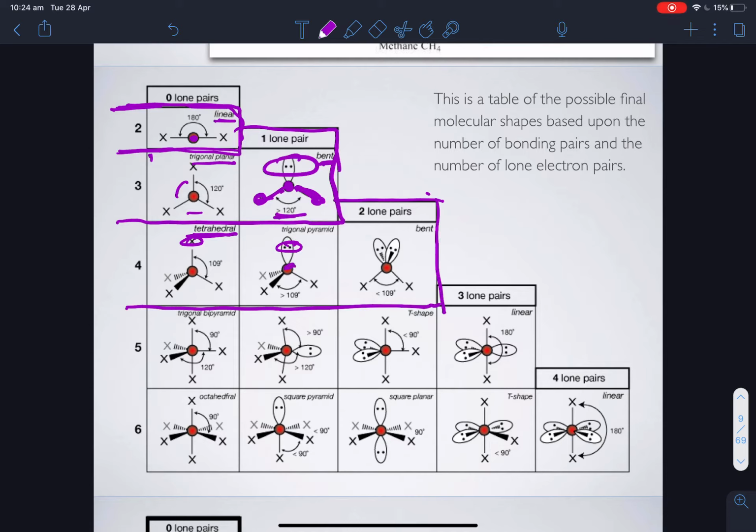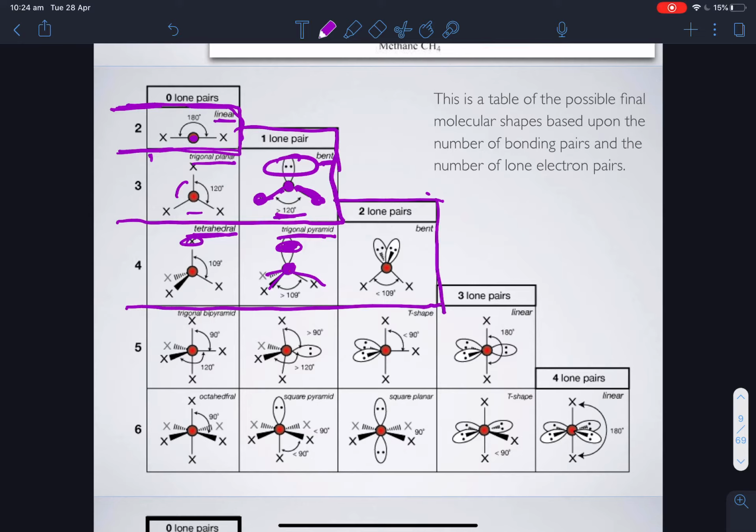Then we get a molecule with these 3 actual bonds pushed down because of this lone pair. It's like a pyramid, and it's called a trigonal pyramid. Notice it's not bipyramid, it's just a trigonal pyramid. They're bent down, and they're still 109.5 degrees in the actual bonds, but you don't see those lone pairs.